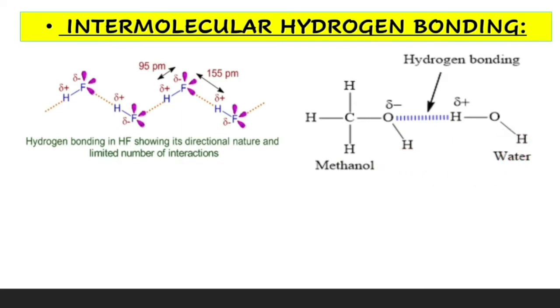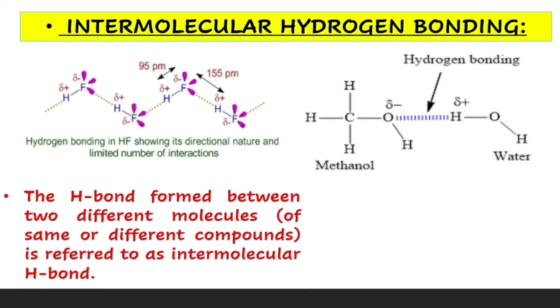When we talk about intermolecular hydrogen bonding, we should know that the hydrogen bond is formed between two different molecules. Here it means that the hydrogen is not connected to the electronegative atom of the same molecule.